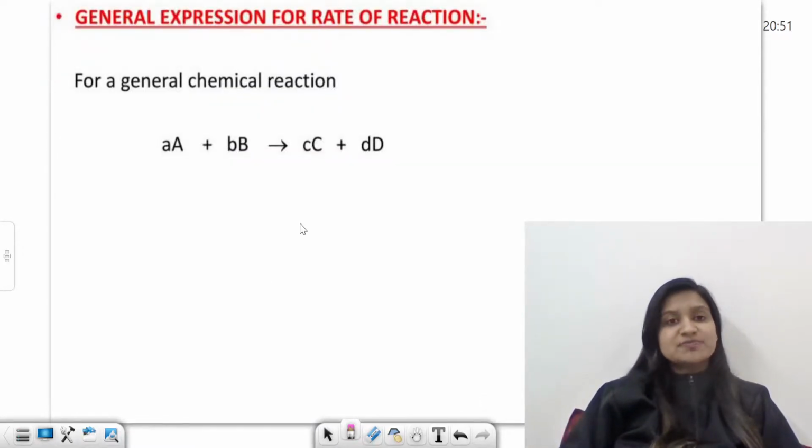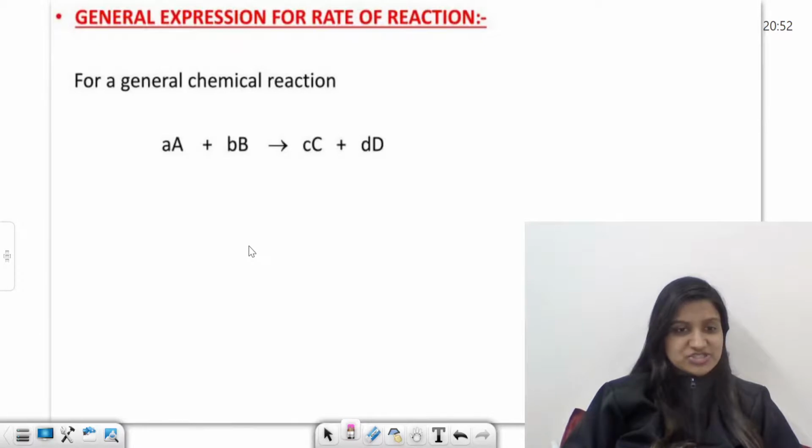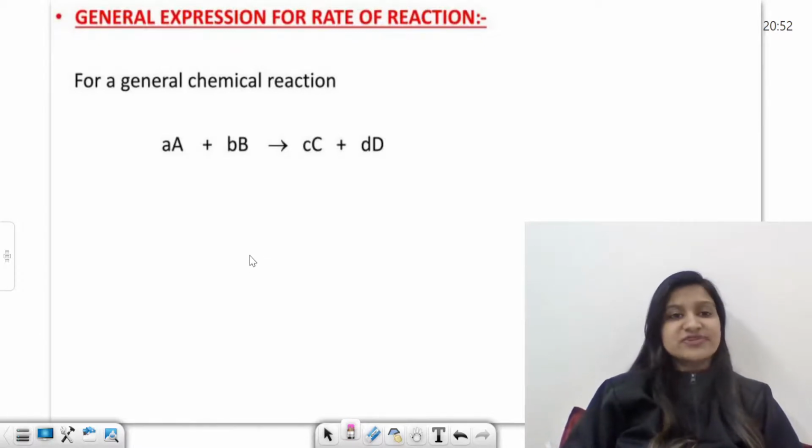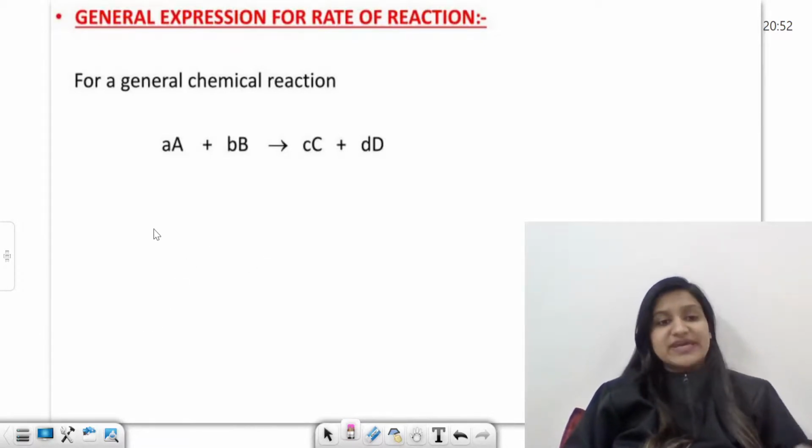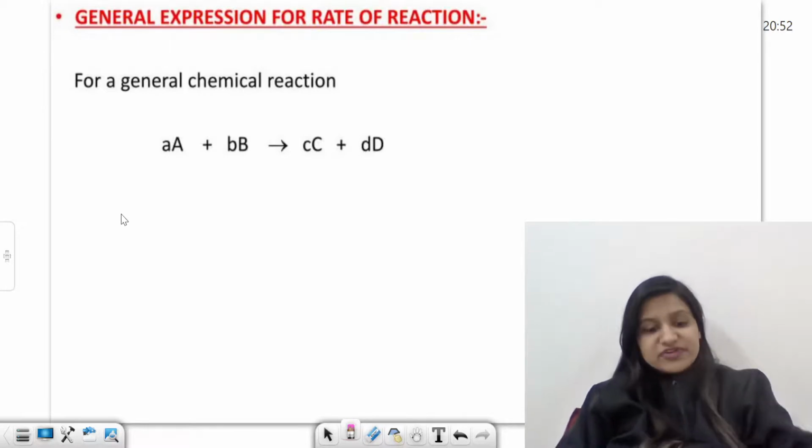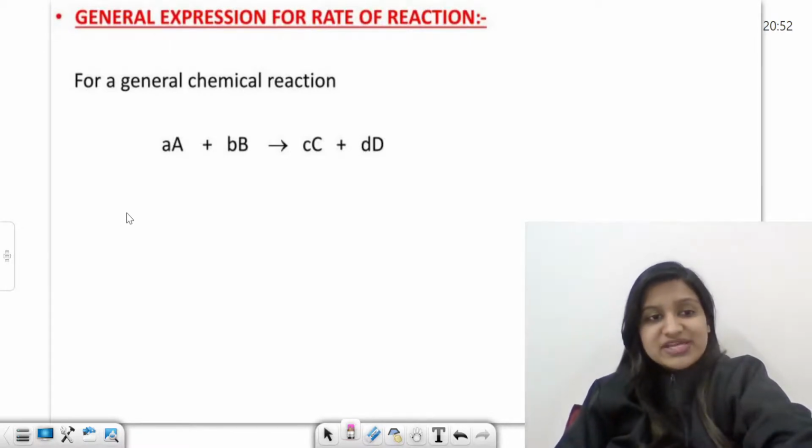So general expression for rate of reaction. See, if this is your general chemical reaction, what would be the rate of reaction? I'm telling you the way.